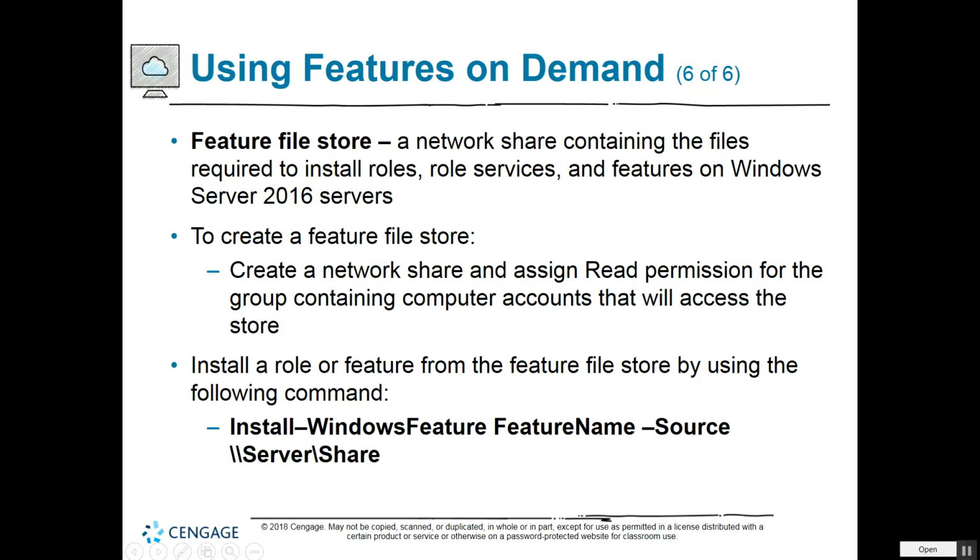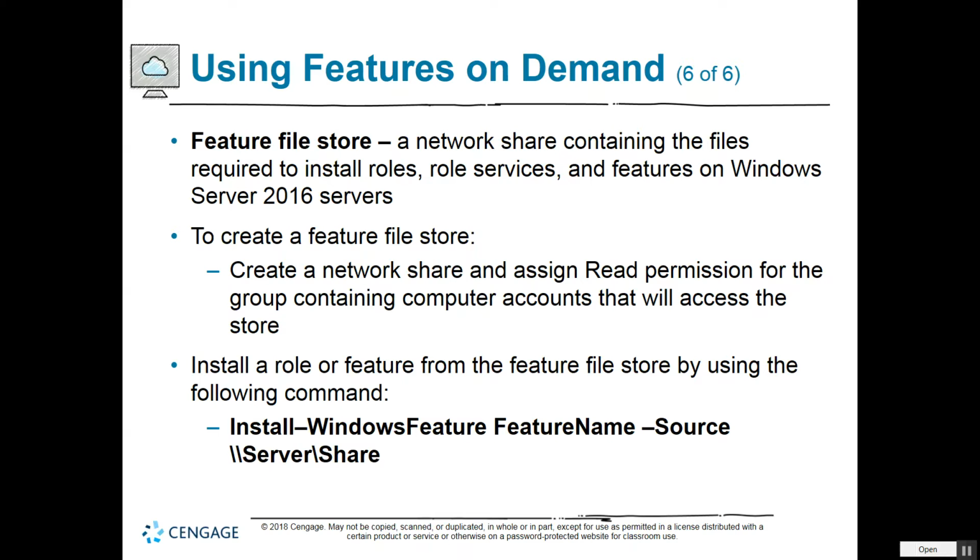We've got a feature file store. Now, there's a network share containing the files required to install roles, role services, and features on Windows 2016 servers. If you want to create a feature file store, create a network share, and assign read permissions for the group that contains computer accounts that access that store.